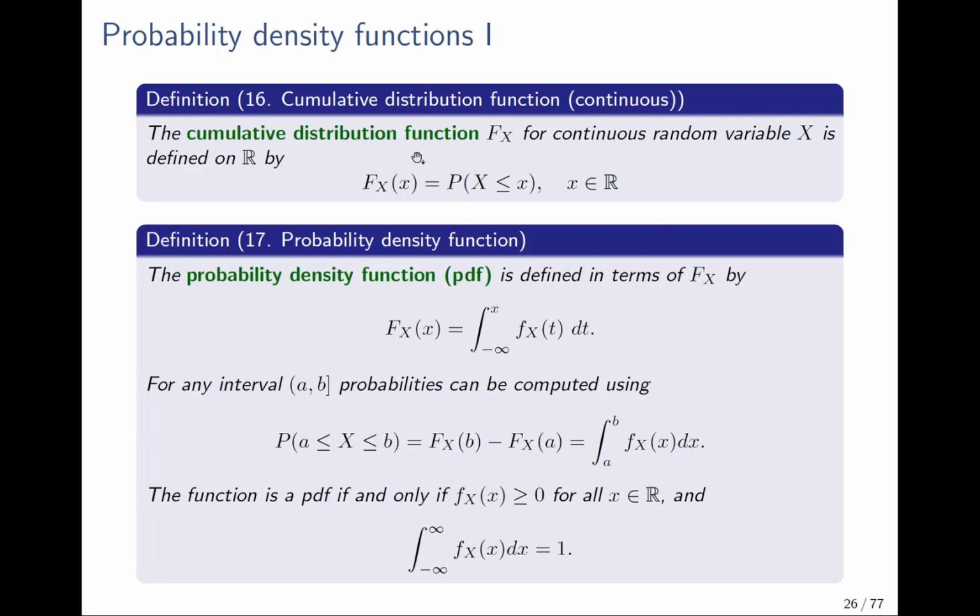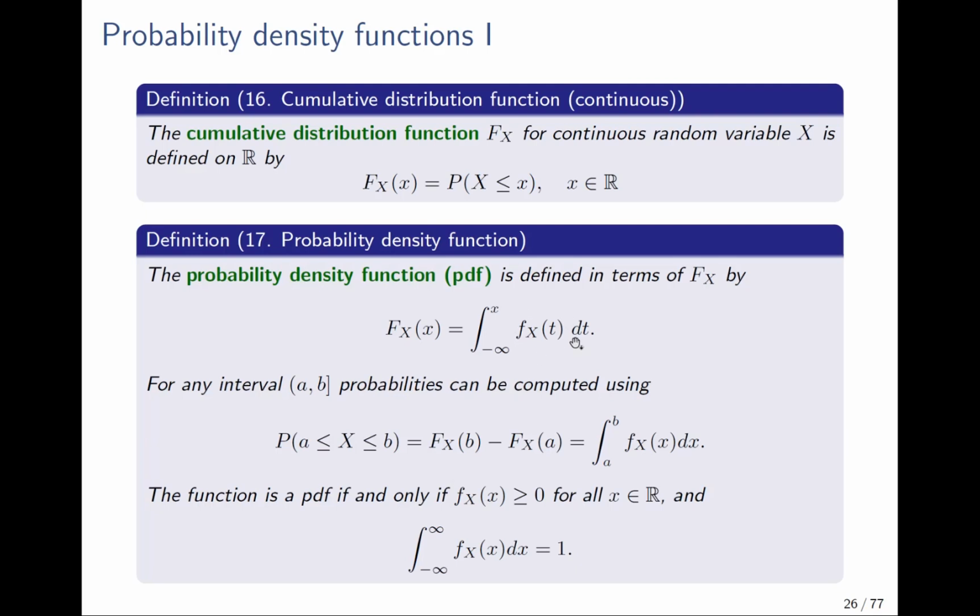As I said, probability distributions are represented differently for discrete and continuous random variables. For a continuous random variable, the probability distribution is called a probability density function. And we define it first of all with respect to the CDF, and it's defined in this way. So in this equation here, this is the CDF on this side, and this expression here is the probability density function.